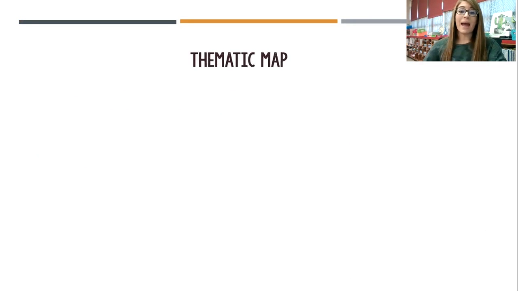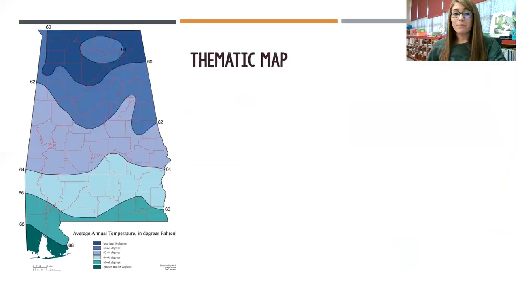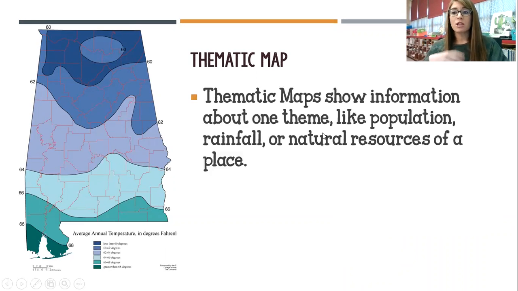Then we've got thematic maps. Thematic maps look something like this, and this one's actually showing the average annual temperature in degrees Fahrenheit, and you can see it's got a map key down here as well, telling you what each color means. So thematic maps can show information like population, rainfall, natural resources.